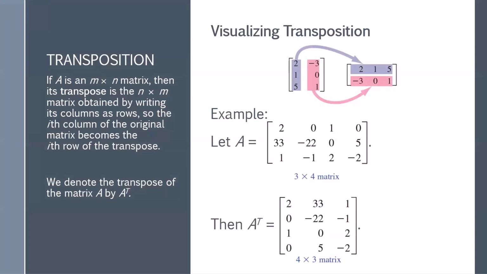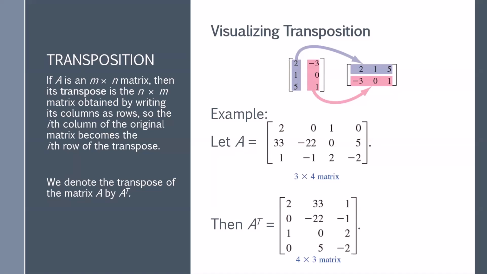Another operation we might want to look at is matrix transposition. So if A is an m by n matrix, then its transpose is the n by m matrix obtained by writing its columns as rows. So the ith column in the original matrix becomes the ith row in the transpose. We denote this by A with a superscript T. So if you look at our example here, matrix A has row 1 consisting of 2, 0, 1, 0.